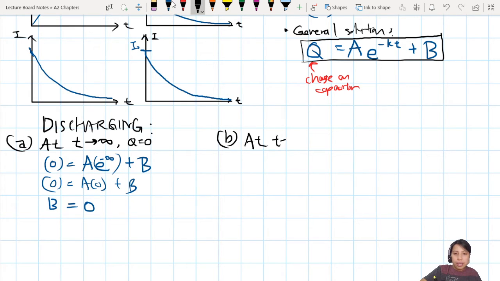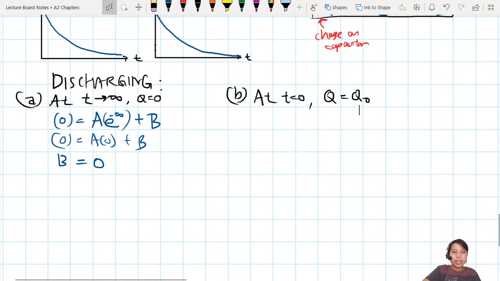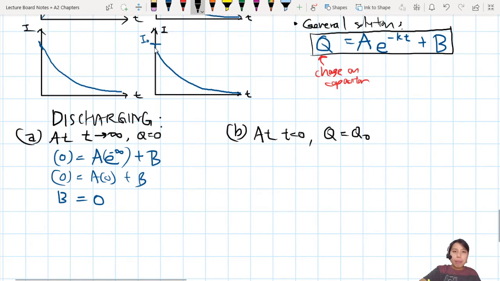So at t equals 0, this is the one we do now. Q will have some initial charge, Q0. In the beginning you have some charge stored there, then you discharge, no more at the end. So we're going to do the same thing, sub into our general solution. Now B is gone, but let's just write it out.